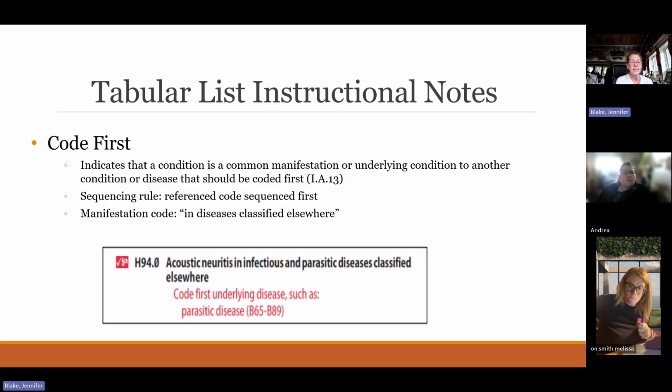So it's telling you, okay, you're coding acoustic neuritis, but it's caused by a parasitic disease, so you need to code that first. So your book tells you right where to go.